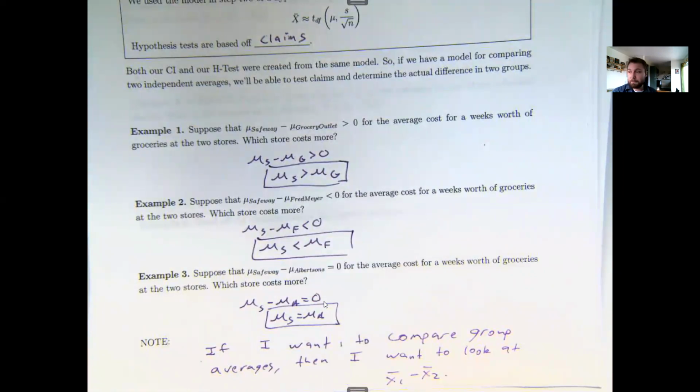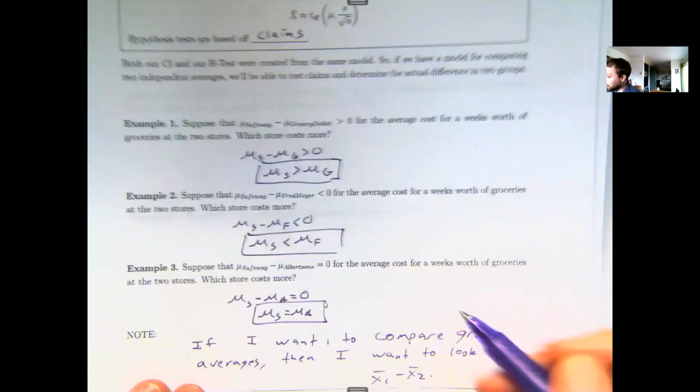To make this next page a little bit shorter, here's a reminder for what was going on for proportions.